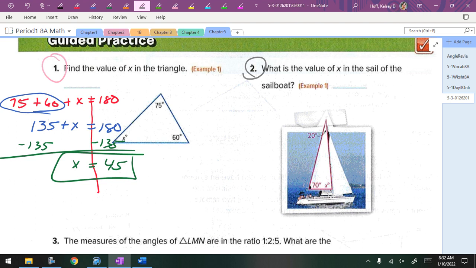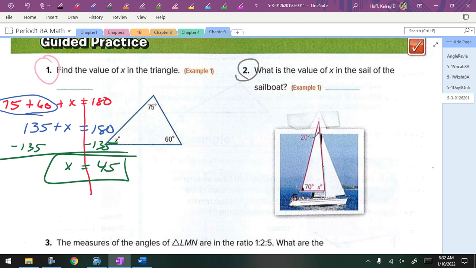Sarah, what did you set up your equation to look like on number 2?